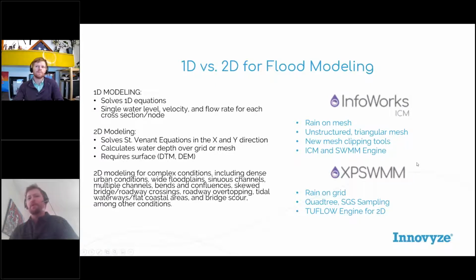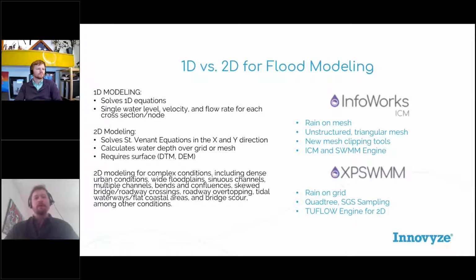In terms of our products, we point to two products at Innovyze. We have four storm sewer flood solutions with InfoSewer, InfoSWMM, XP-SWMM, and InfoWorks ICM.